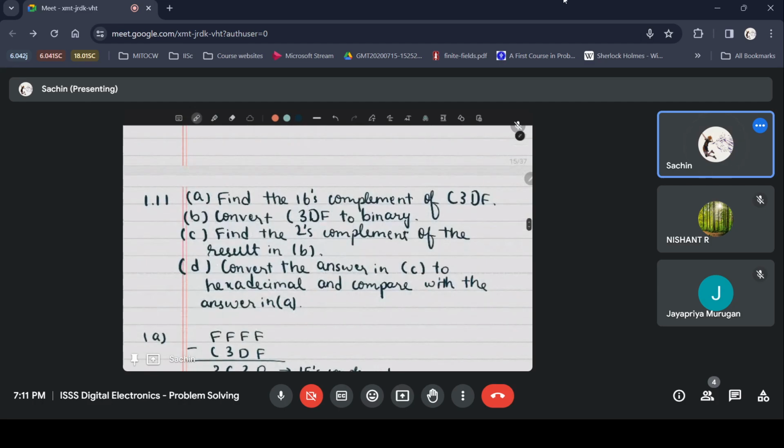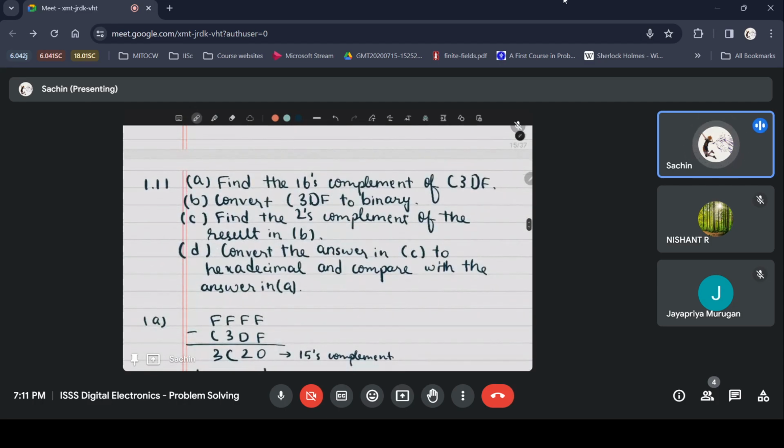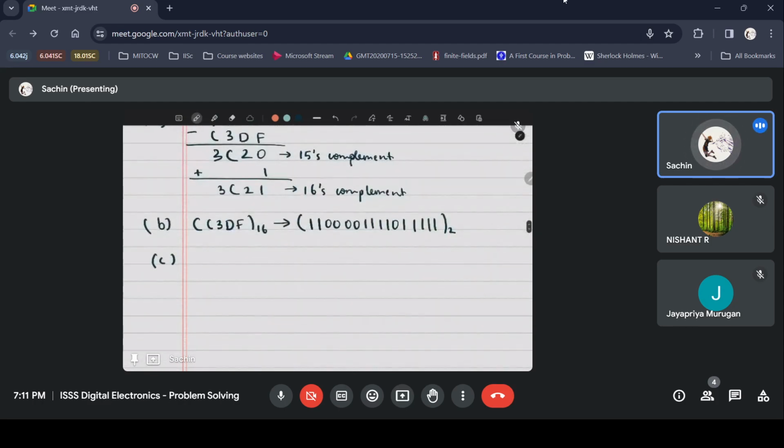Then they're asking us to find the 2's complement of this binary number. So 1's complement, you just flip the bits: 0011, 1100, 0010, 0000. You add a 1 to get 2's complement, and that is 0011, 1100, 0010, 0001.